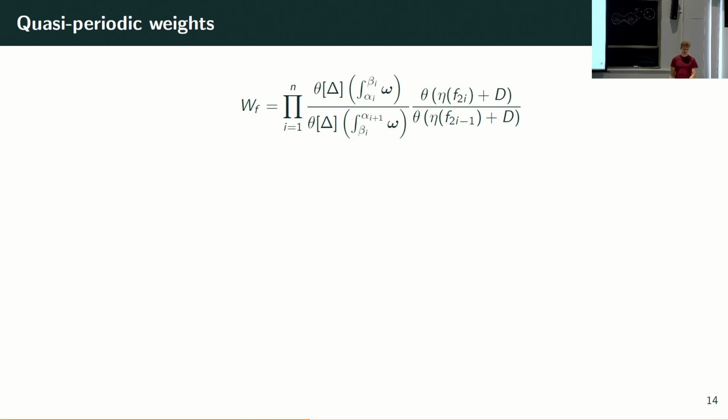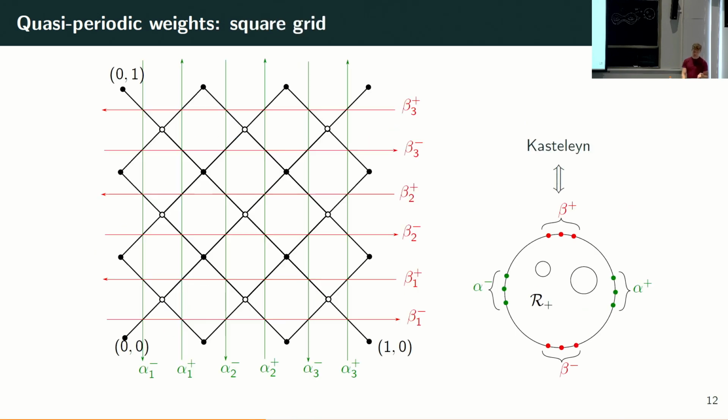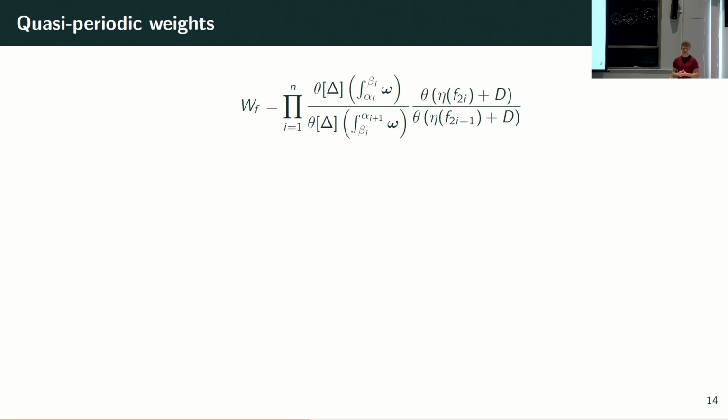Okay, so now our setup is actually the following. We take the square grid and we doubly periodically keep repeating these train tracks, the parameters. So the next one here would again be alpha 1 minus. This does not necessarily mean that the phase weights are going to be periodic just from that. They're going to be quasi-periodic.